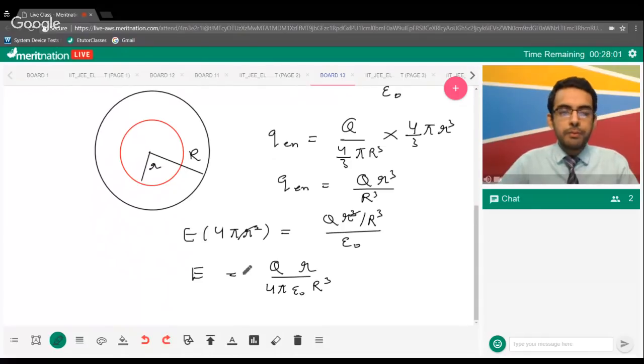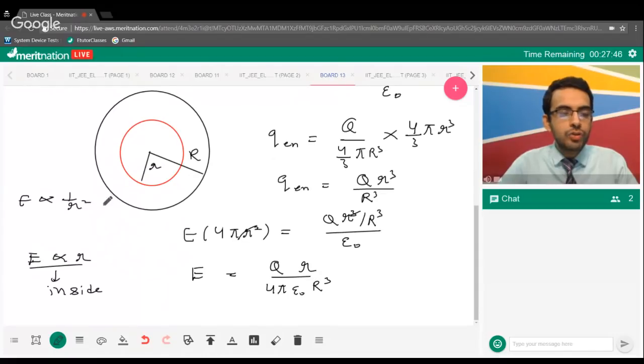This is for the points lying inside. For the point lying inside, E is proportional to small r. And E is proportional to 1 by r square for outside points. One more way we can say that E is equal to rho r over 3 epsilon naught.